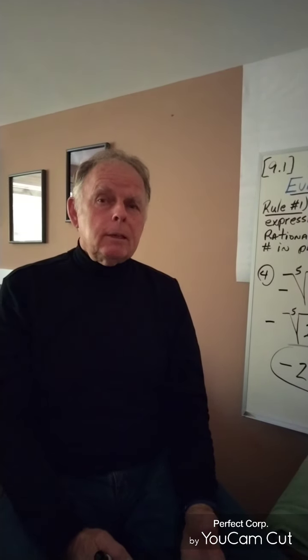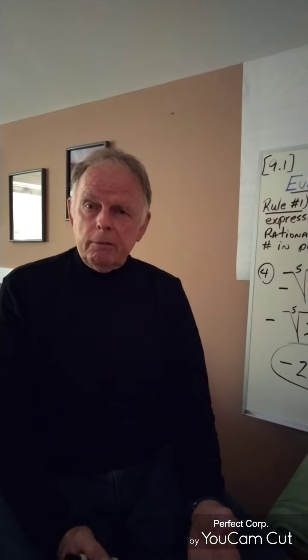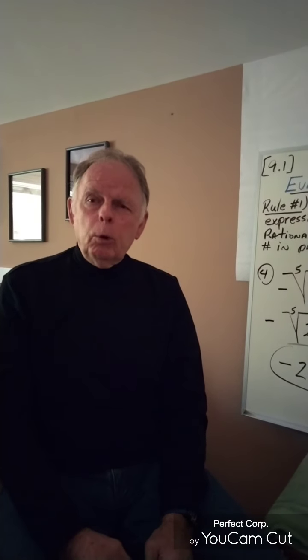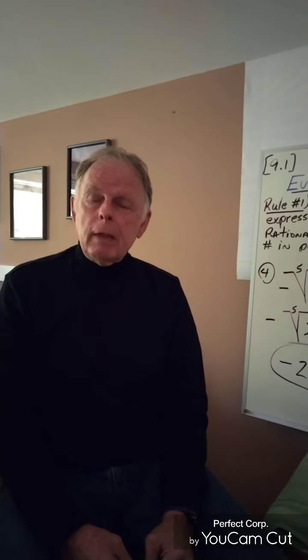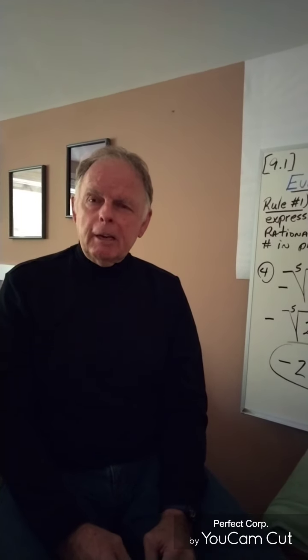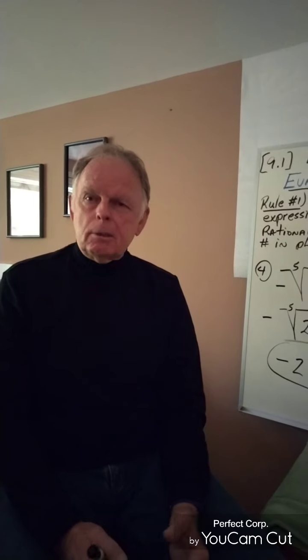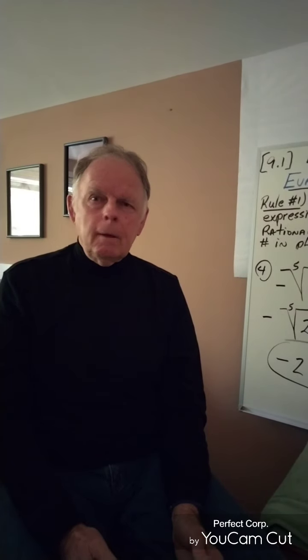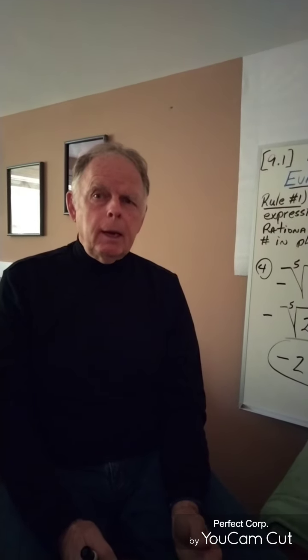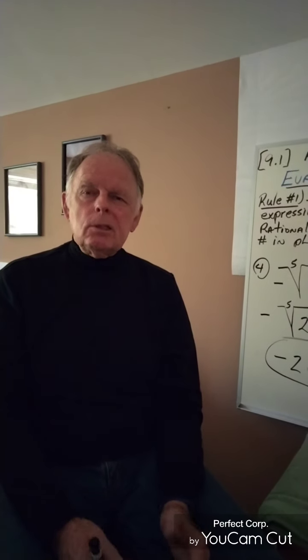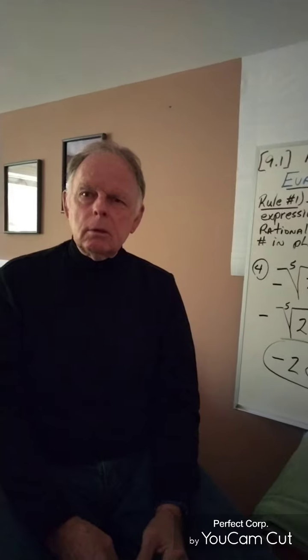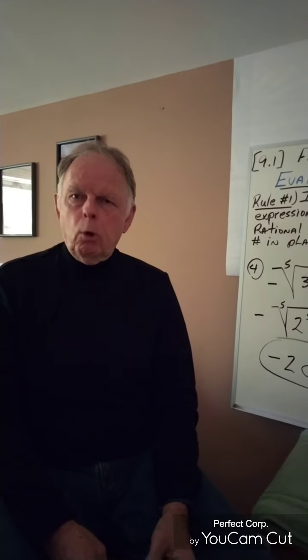In the rest of Chapter 9, we're going to find out that radicals can be multiplied together, they can be divided, they can be added, and they can be subtracted from one another. Just like polynomials can be added, subtracted, multiplied, and divided, same thing happens with radicals. So we'll be moving into 9.2.